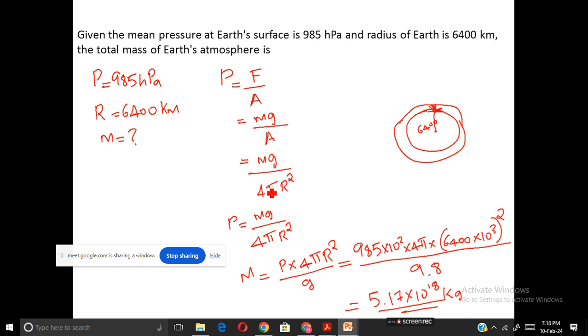So P equals mg by 4 pi r square. We know pressure. We have to calculate m. After rearranging, it will become m is equal to P into 4 pi r square by g. After substituting whatever values have been given, you will get an answer around 5.17 into 10 raised to 18 kg. Okay, I hope you got the answer.